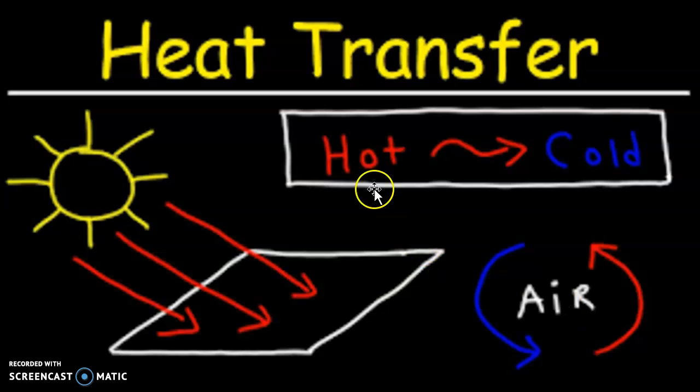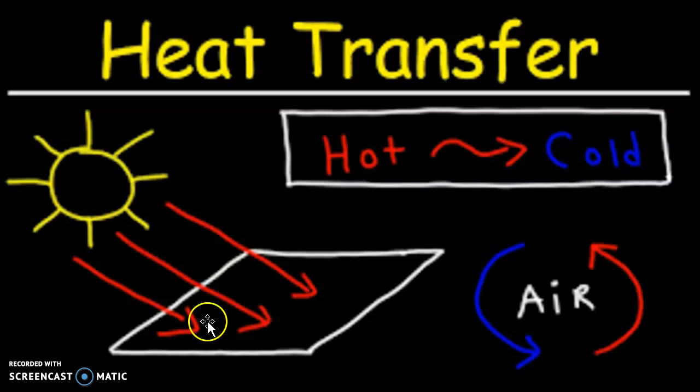So let's look again at this illustration, which basically explains heat transfer. Here you will see that there's the sun, the ultimate source of heat. The transfer of heat is coming from the sun going towards the object here.